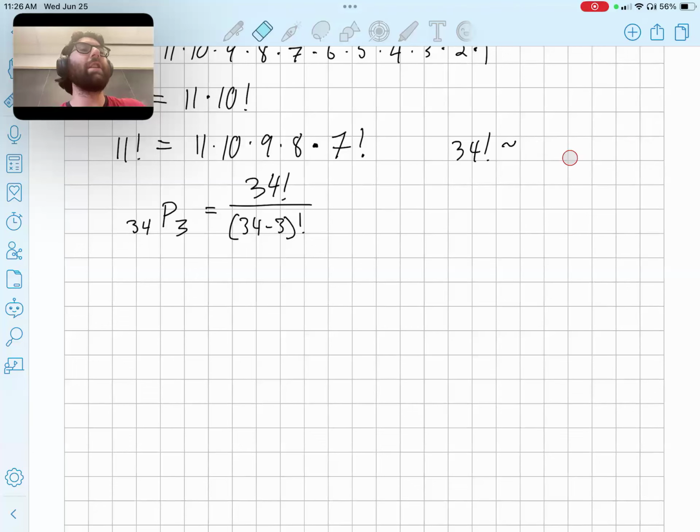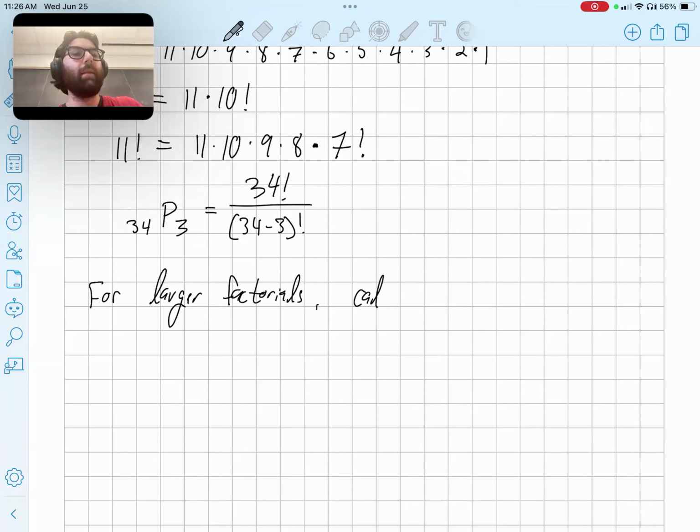It's an astronomically huge number. And so for larger factorials, calculators can't give the exact answer because the numbers are so large.